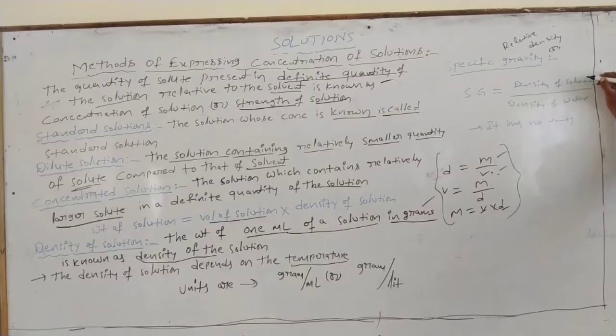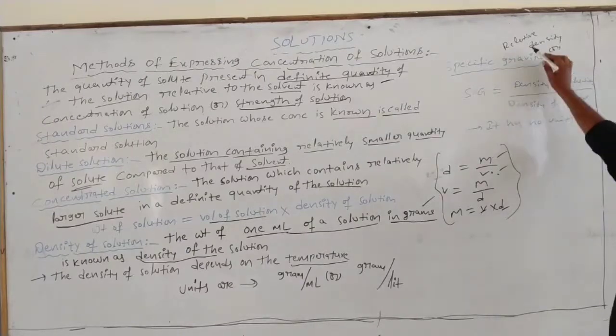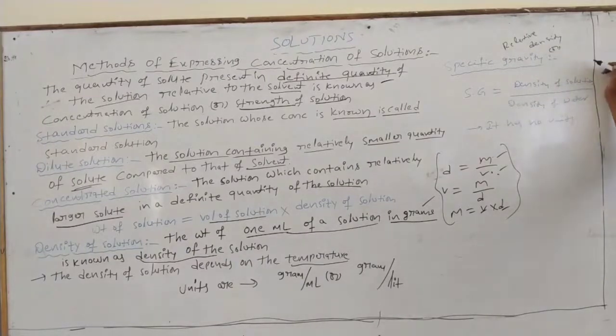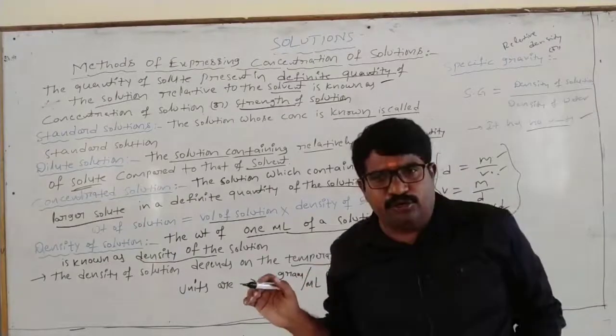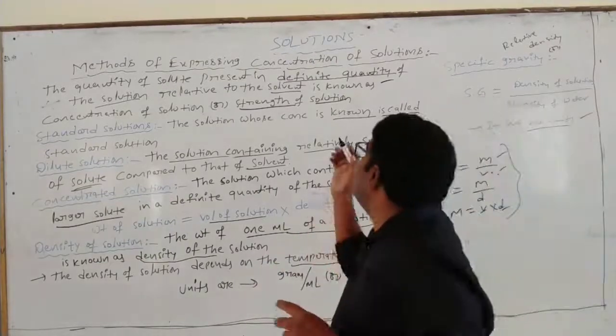So the ratio of the density of the solution and the density of water is called the specific gravity or relative density of the solution. It has no units.